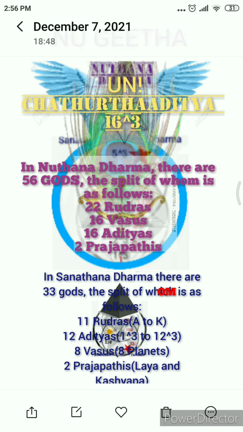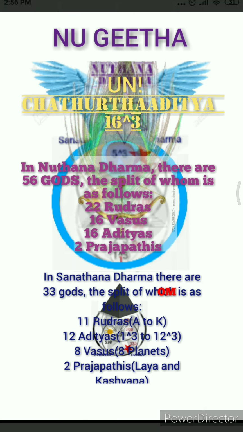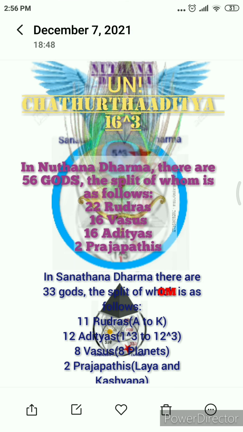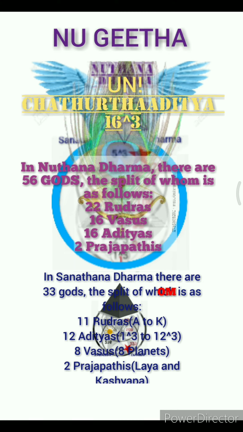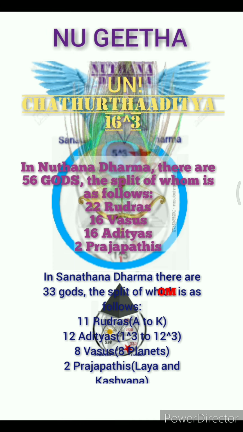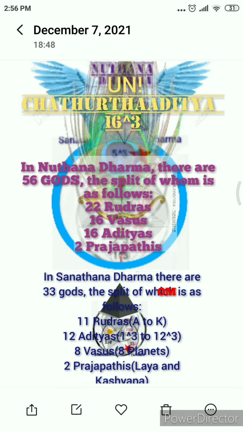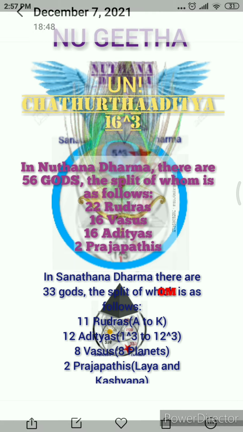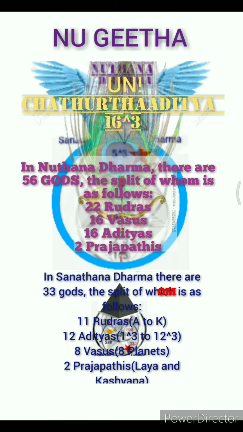56 gods, and this is the 16th Aditya, that is Chaturthaditya. Why I called him Chaturthaditya is because he is an actual sun. Though there are 16 suns, the ones that are both square and cube are only 4 suns. This is the fourth sun, the real sun.